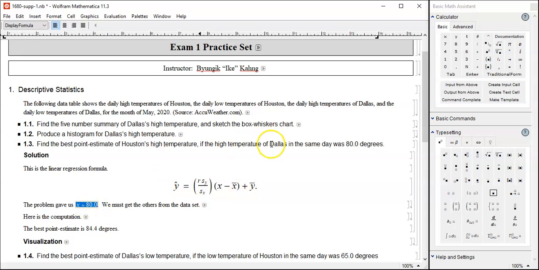Dallas high is given as 80. Okay? High temperature of Dallas is given as 80 degrees, and that goes right here. So x is 80. And we want to find out y hat, of course. Now, what are the other characters? Which is which?